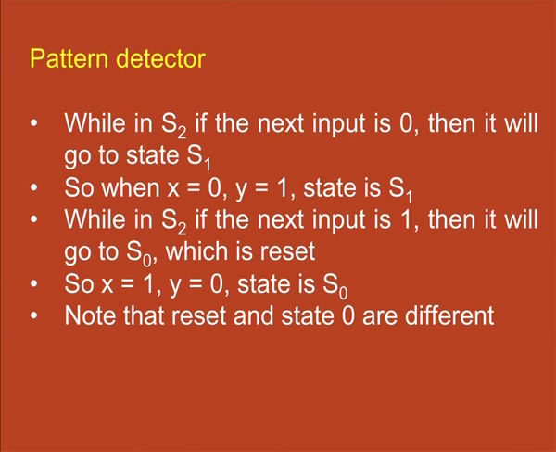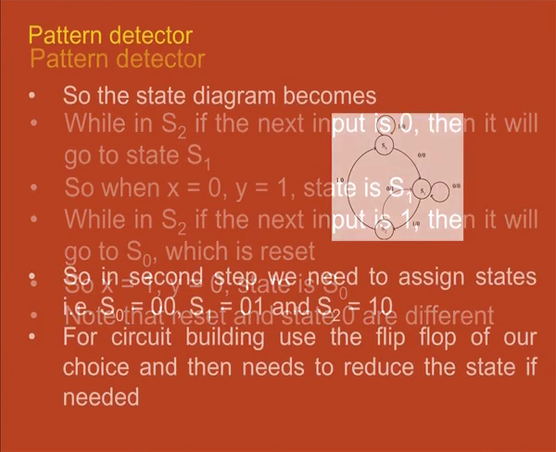So, when x is equal to 0, y is equal to 1, the state is S1. But while in S2, if the next input is 1, then it will go to S0, which is the reset condition. So, when x is equal to 1, y is equal to 0, it goes to state S0. And note that the reset condition and state 0 condition are completely different.